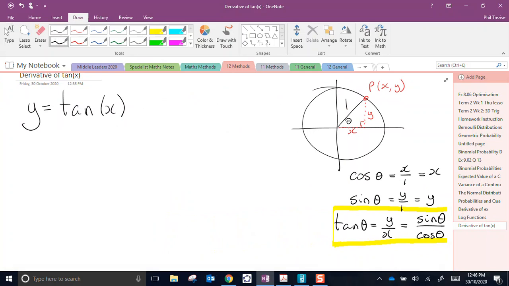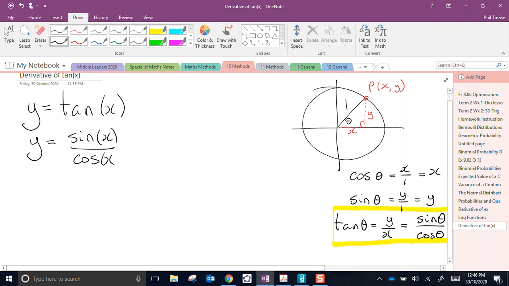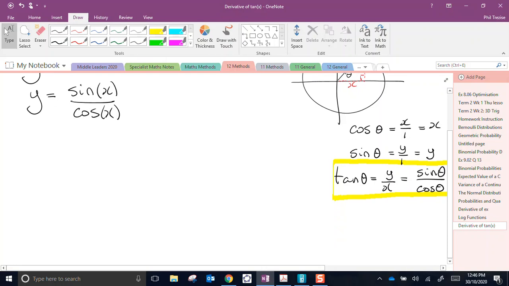So let's go back. And before we find the derivative of this, let's write this as sine x over cosine x. Now, that's looking like something we know, because previously we've seen how to do derivatives of sine and cosine. And we would write this as a quotient, u divided by v.